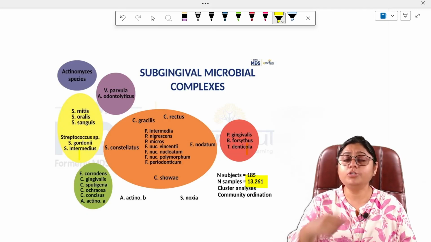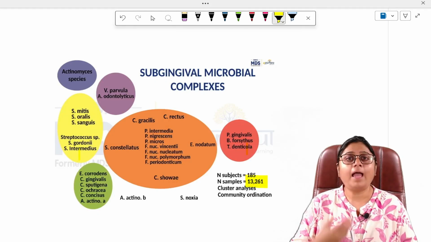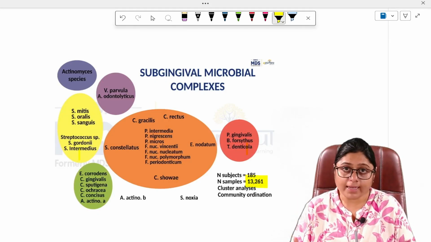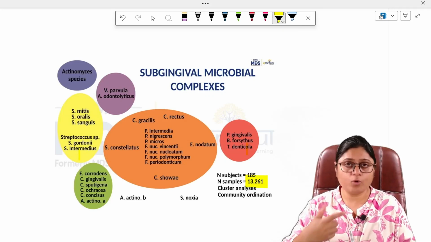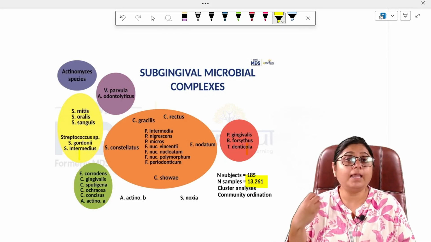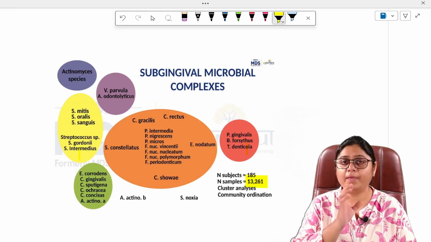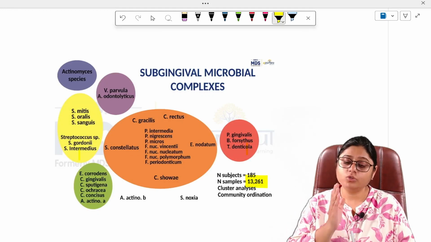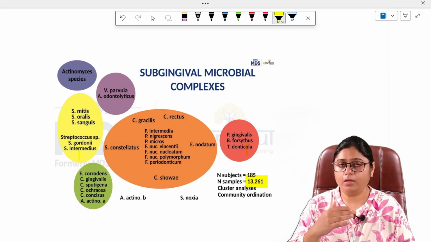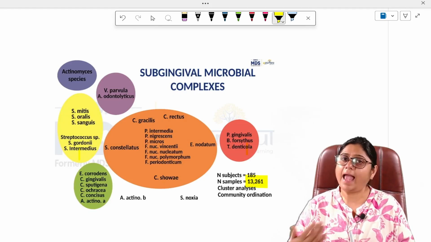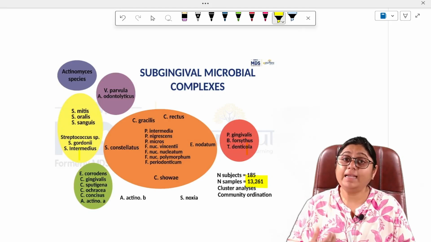Okay, whatever oxygen is present there, they will utilize it and create an anaerobic atmosphere, so that the anaerobic microorganisms can come and survive in that environment. So the primary colonizers which are there are mostly aerobic, then facultative anaerobic, and the secondary colonizers are mostly obligate anaerobes.